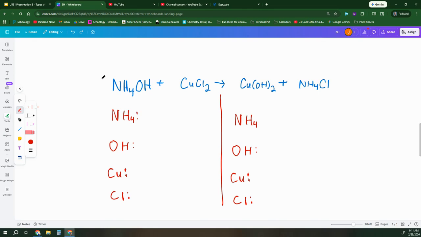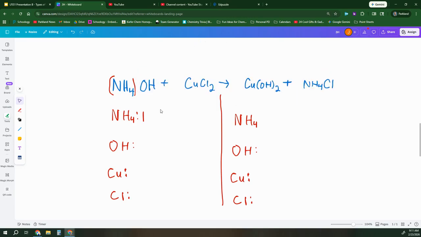So if I'm going to balance, I'm going to start with one of these NH4 groups. And if it helps you, you can always remind yourself that there's no parentheses, you're starting with 1. I could do the same with OH, reminding myself I have one of that OH group. In fact, let me spread out this equation a little bit to make that a little bit nicer and neater for you. Give myself one of these NH4s, and as a reminder, one of these OHs.